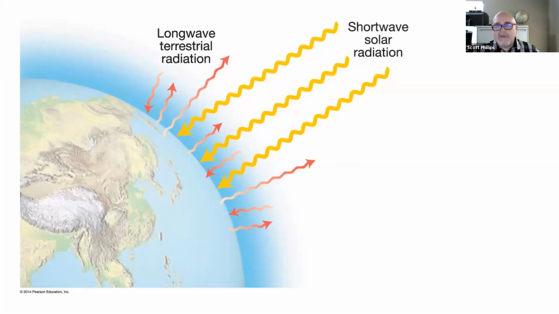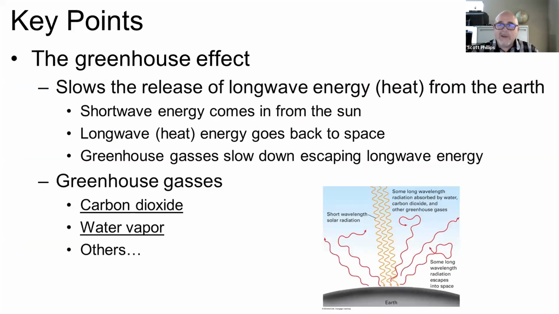And the atmosphere, because of these variable gases, does something similar to the glass in your car or your greenhouse. The shortwave radiation can penetrate the atmosphere quite easily. That visible light comes right through. However, the variable gases in the atmosphere tend to insulate some of the heat that's leaving the Earth. And this is known as the greenhouse effect.